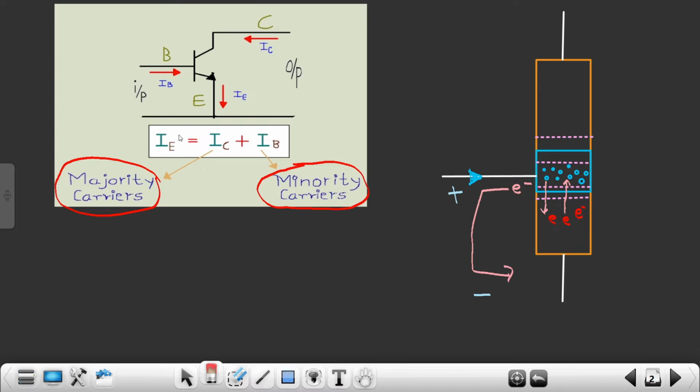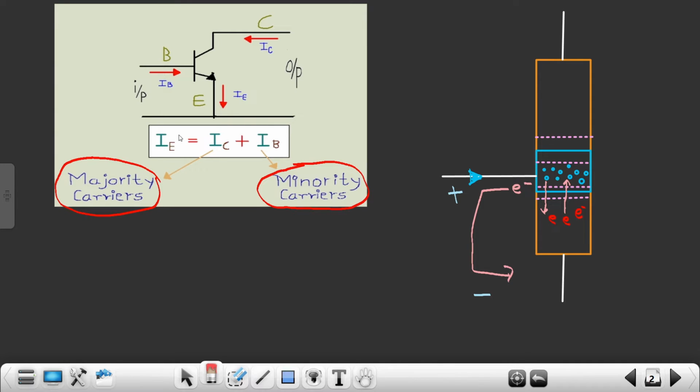So the current flowing through the BJT is because of two carriers flowing through it, the minority carriers and the majority carriers. For an NPN transistor, the majority carrier is electron and the minority carrier is holes.